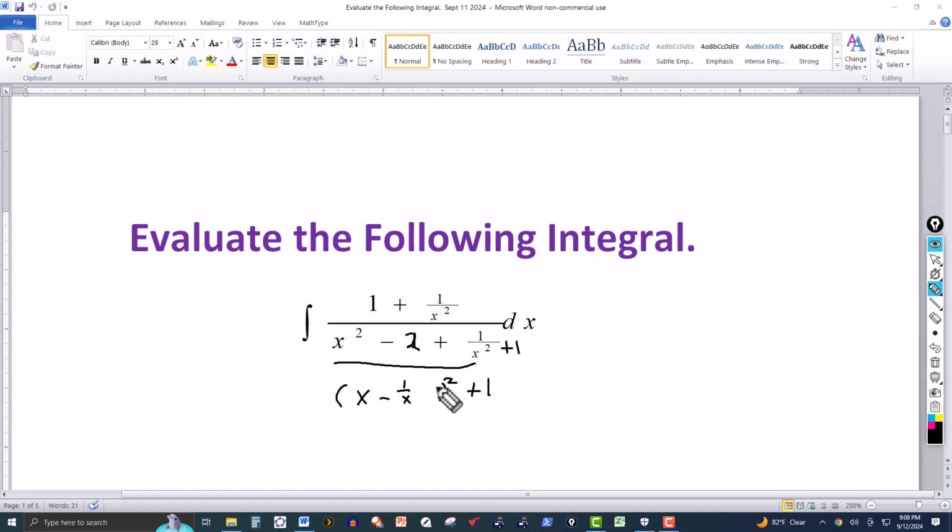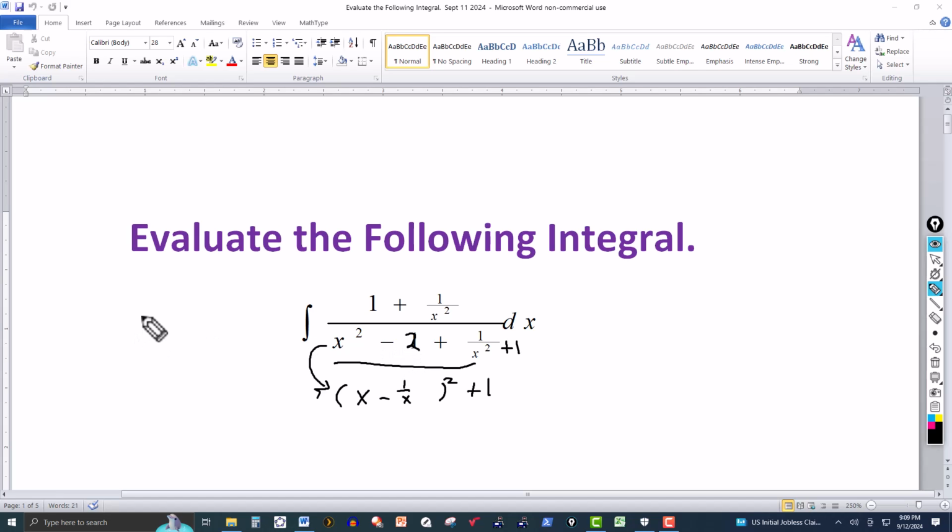Two terms, you square it, so it's going to be x squared, which is right there, and then double the product, so x times minus 1 over x gives a minus 1. You double it, you get the minus 2, and then you square the second term and get 1 over x squared. So these three terms give me a perfect square, and then I've got the plus 1. All I did here is add a negative 1 and a plus 1, so they cancel. I still get what I started off with, which is a minus 1.